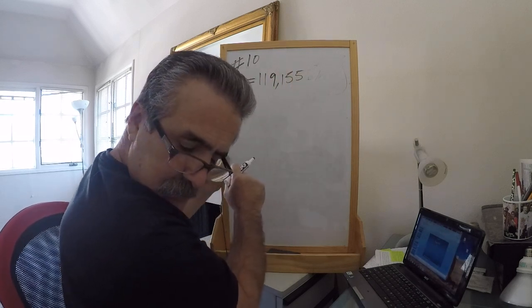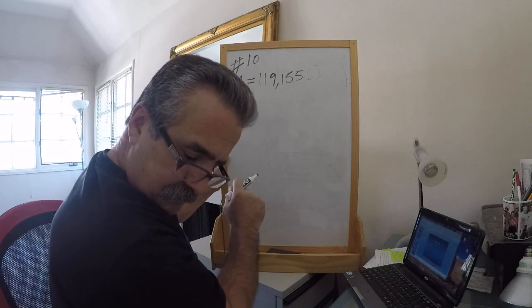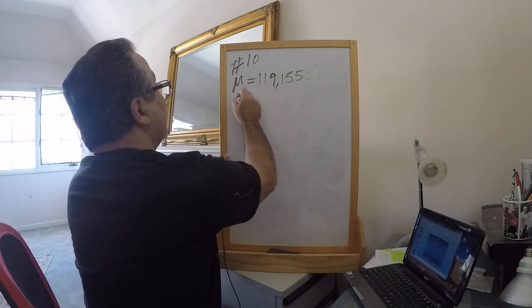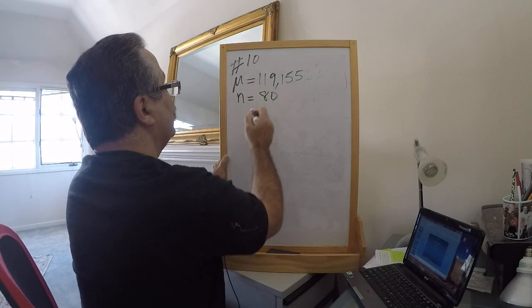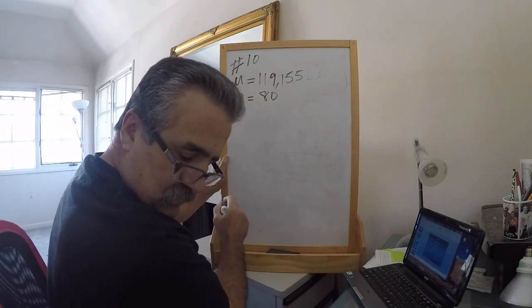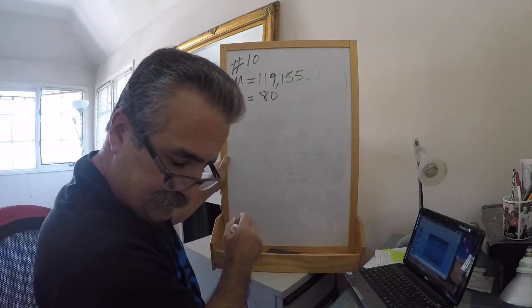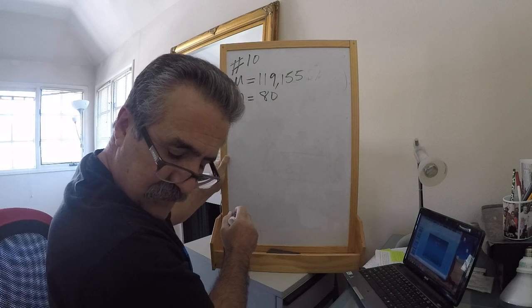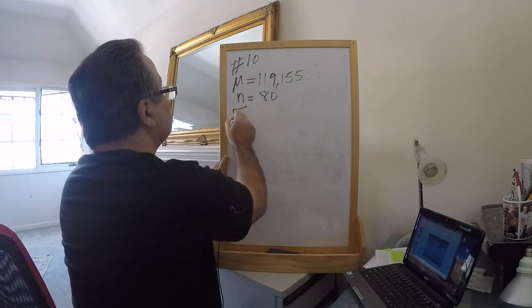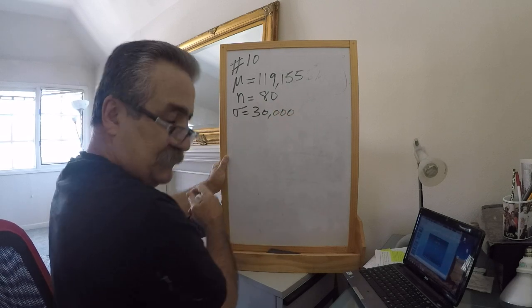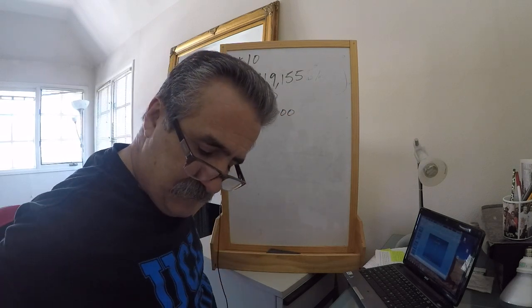And the sample size n is equal to 80. And the standard deviation is 30,000. Sigma is equal to 30,000.